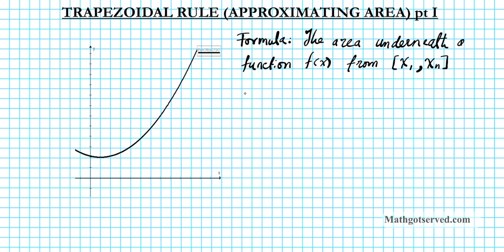The expression for the exact area is basically the definite integral from x of 1 to x of n of f of x dx.